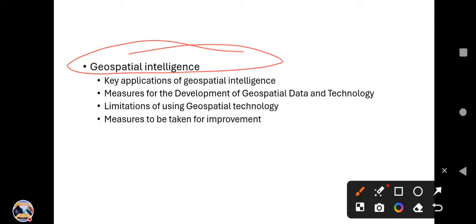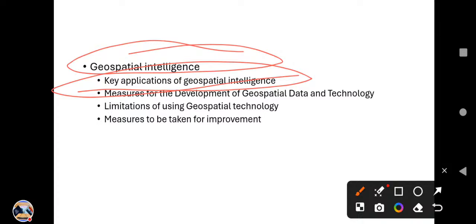What are the various key applications of geospatial intelligence? Emergency preparedness, disaster response, environmental monitoring, military and civilian applications, transportation and logistics, autonomous vehicles, digital twins, which are virtual replicas of real-world systems such as cities and buildings, and aiding decision making across different sectors including military and urban planning.